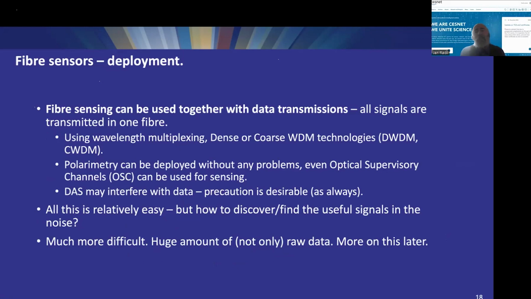And this is also last but not least: sensing can be used together with data transmission. Data signals and sensing signals can be transmitted in one fiber, because fiber is quite expensive. We can use different multiplexing techniques like dense WDM or coarse WDM technologies. Polarimetry can be deployed without any problems, because we can even use these optical supervisory channels.